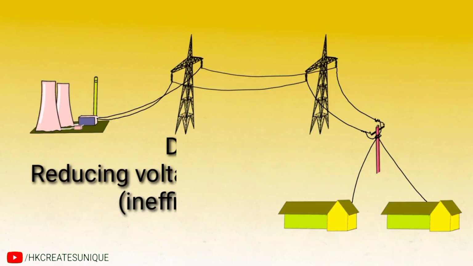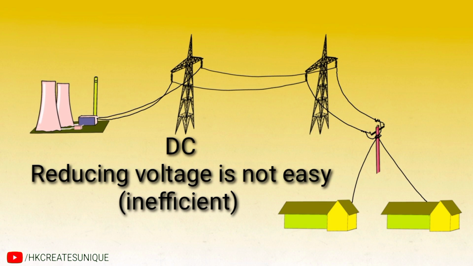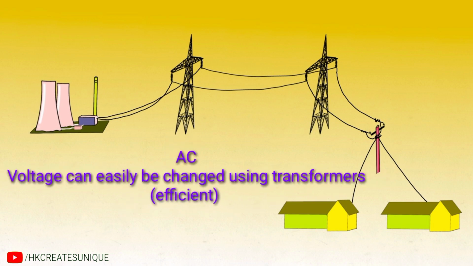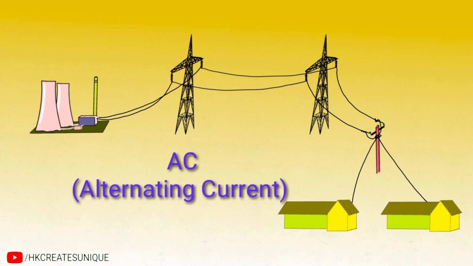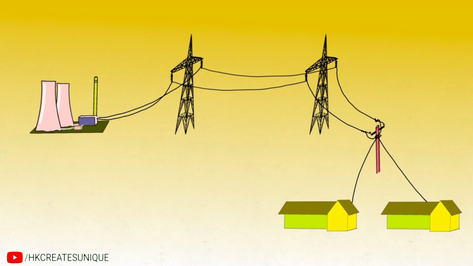In direct current transmission system, reducing voltage is not easy. But in alternating current, voltage can easily be changed using transformers. And that's the reason why alternating current is used in long distance power transmission. AC voltage can be increased or decreased.